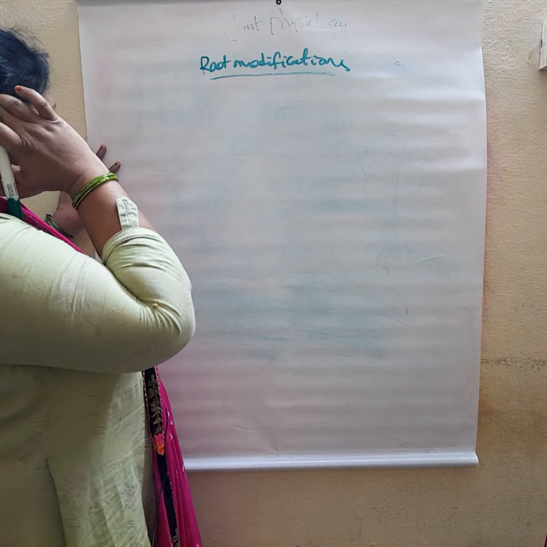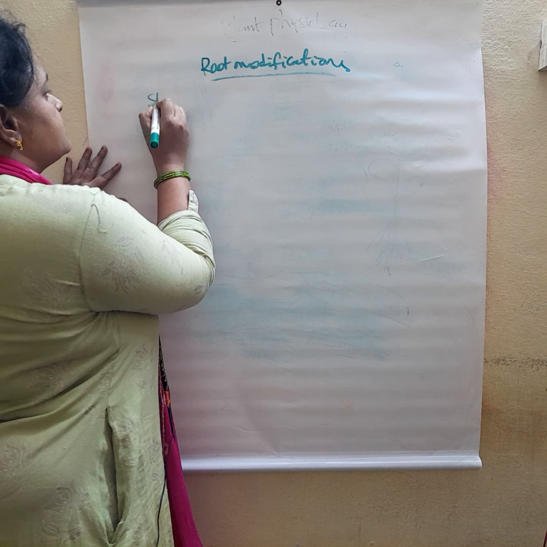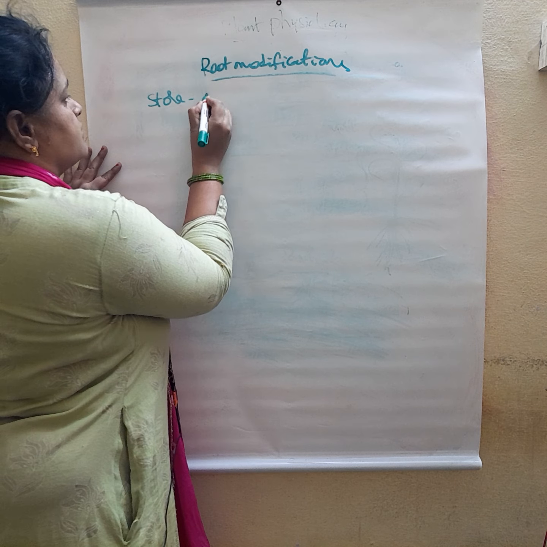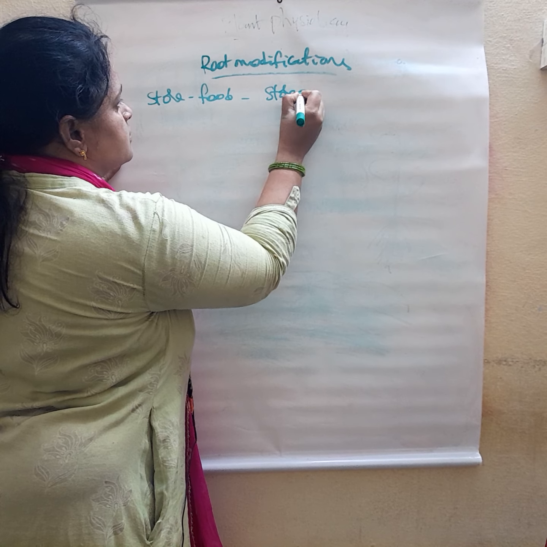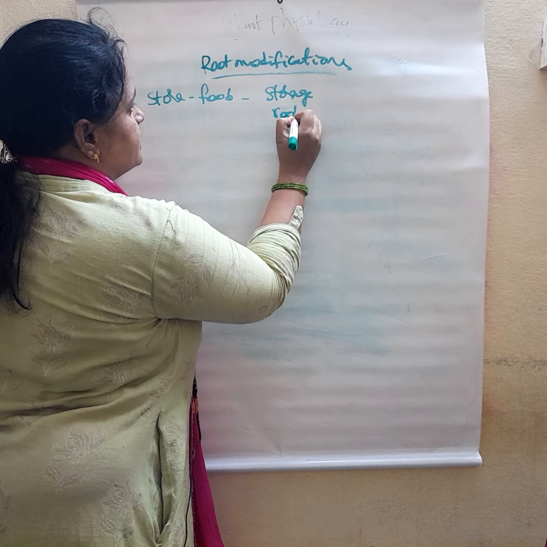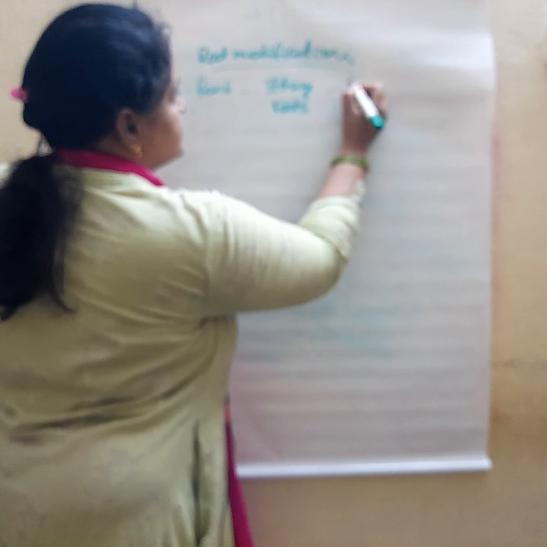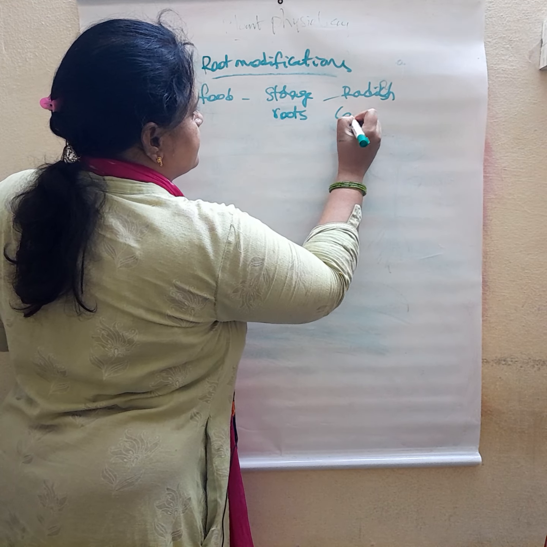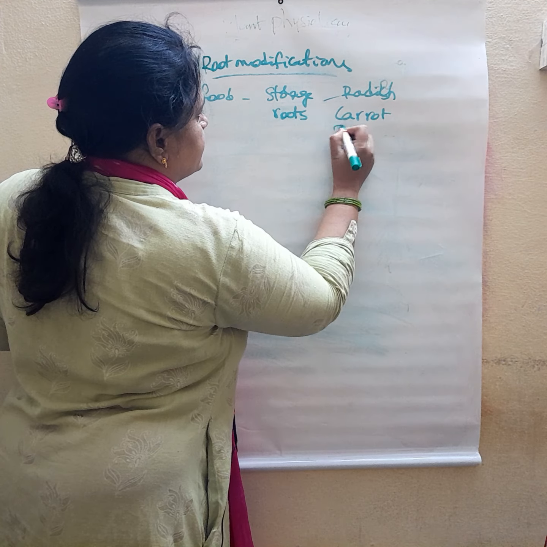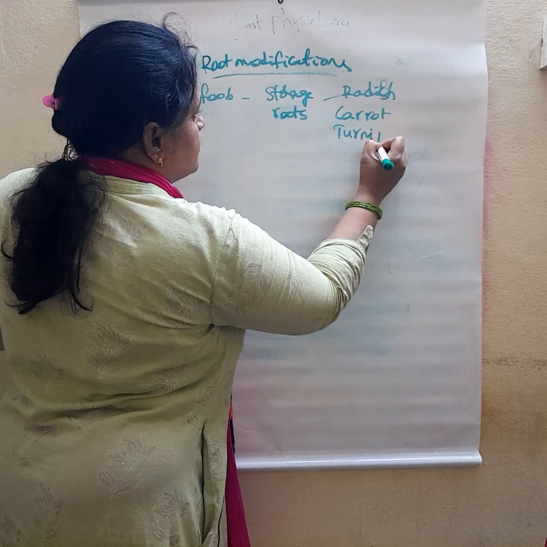So coming to the root modifications, some plants store food material. They are called storage roots. Example is radish, carrot, turnip, okay.